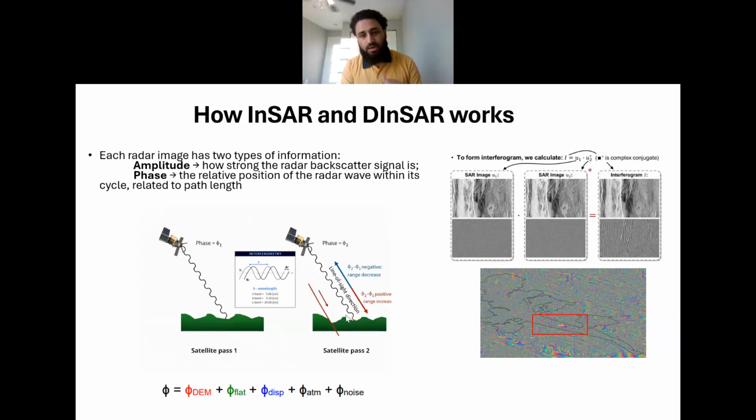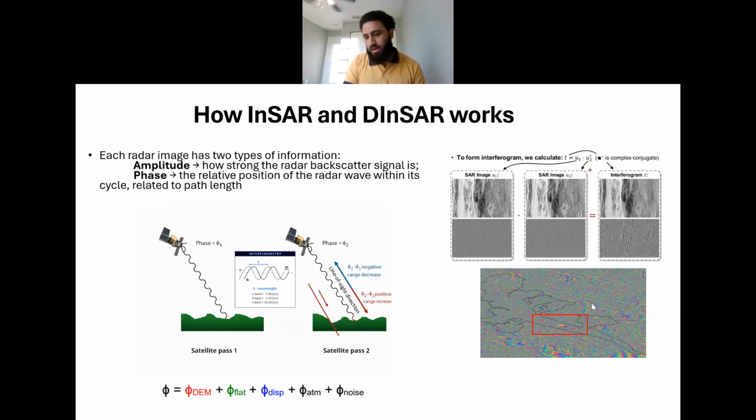If the ground has shifted, this wave will be added to, so there will be a change in the phase because it will add or get reduced. Based on that, we can say there has been some change on the ground. Now, when we combine these two images from time t1 and t2 using the complex conjugate of each other, we get an interferogram, which looks like this.